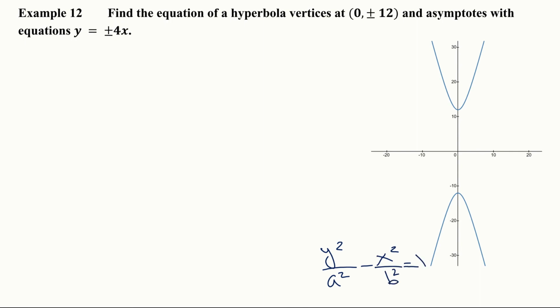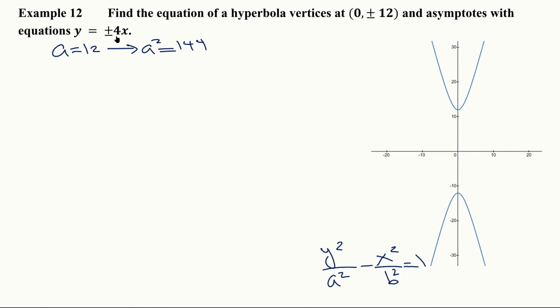Now, we know a is going to be 12. So therefore, a squared is going to be 144. And we don't know b or c, but we know this is the equation of the asymptotes.